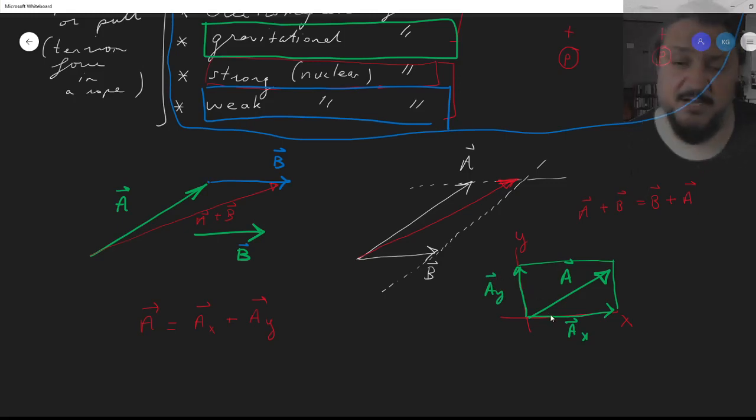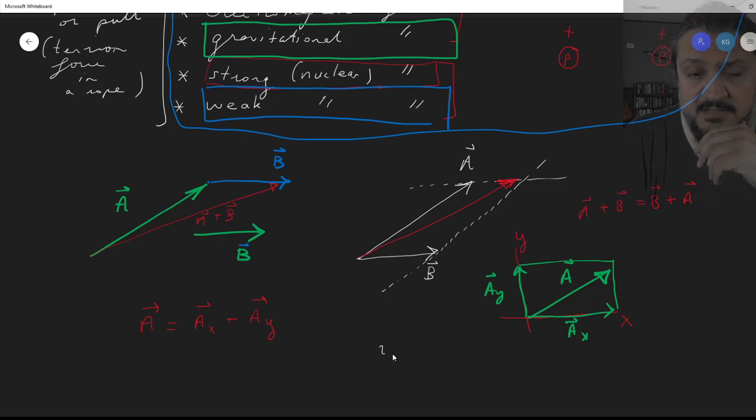There's also the idea of unit vectors, which is also in vectors part 2. Just be careful though. In that video, I use the letters I, J, and K. Actually, I put hats on top of these and call them I hat, J hat, and K hat. These are the unit vectors.